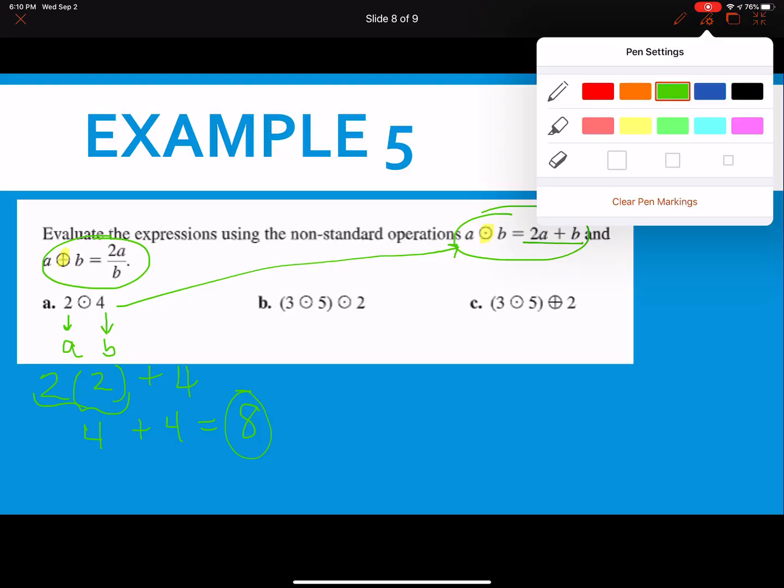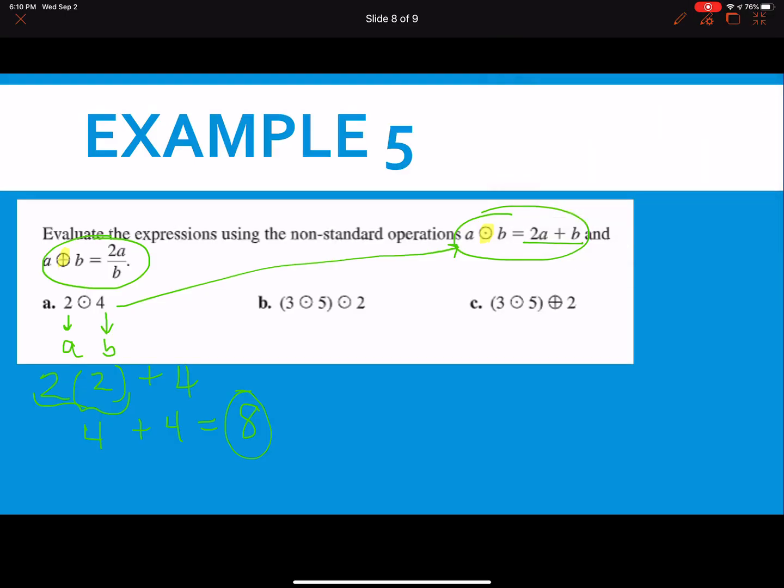Okay, the next one, B. Notice we have, again, this symbol right here, but we also have 2 of those. So this one's going to have an extra step after we do the first step.